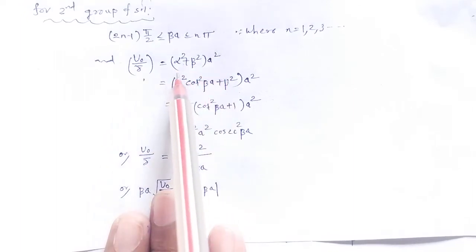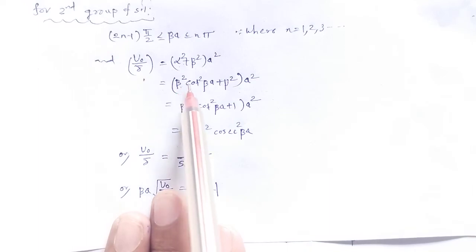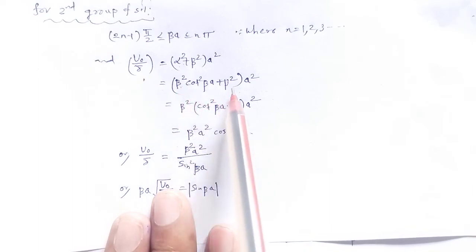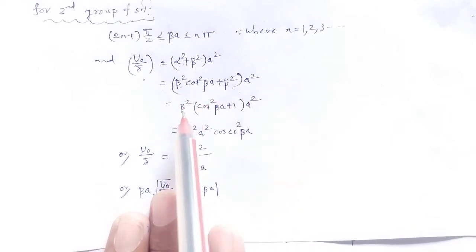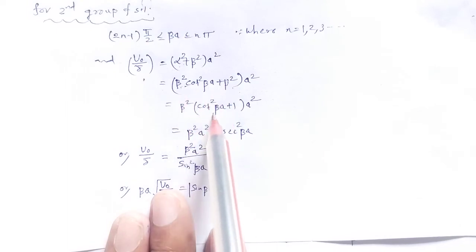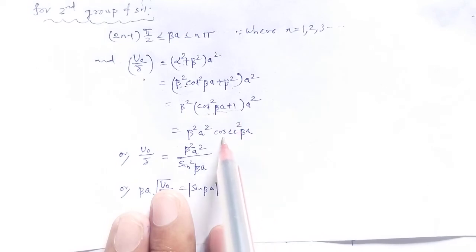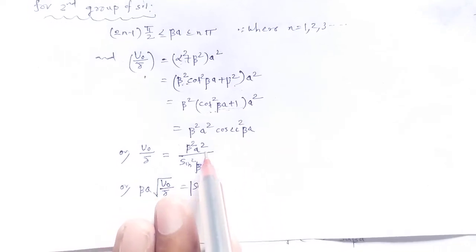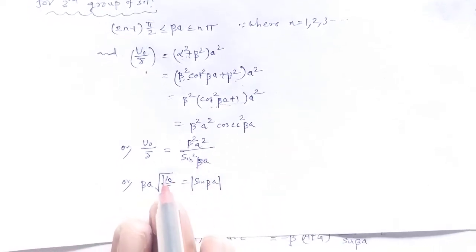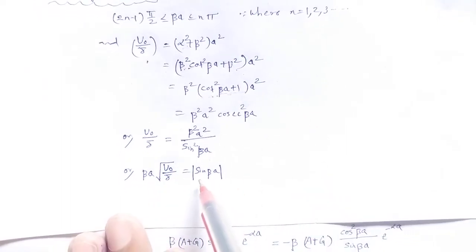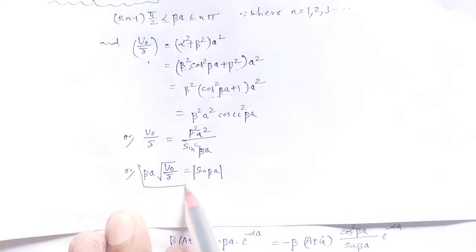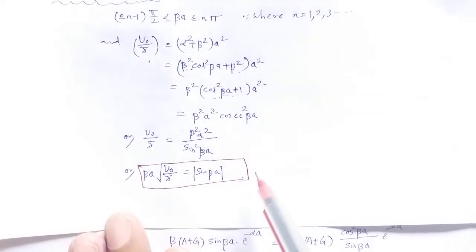In place of alpha square we substitute beta square cot square beta a, plus beta square, times a square. Taking beta square common, we get cot square beta a plus 1, which is 1 by sin square beta a. So the magnitude of sin beta a is equal to beta a times the square root of delta by U naught.